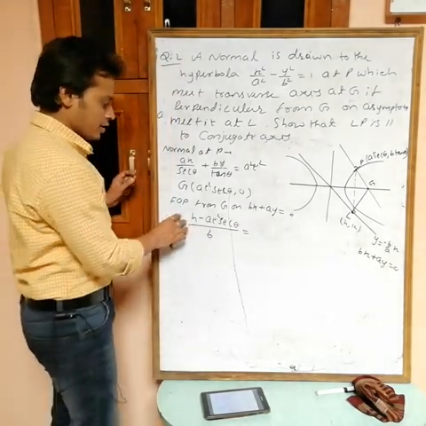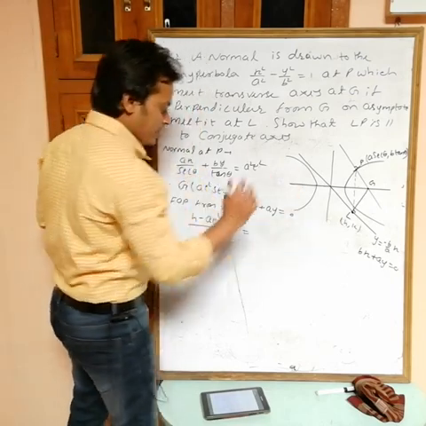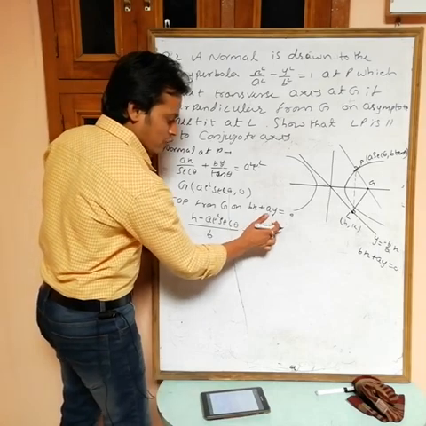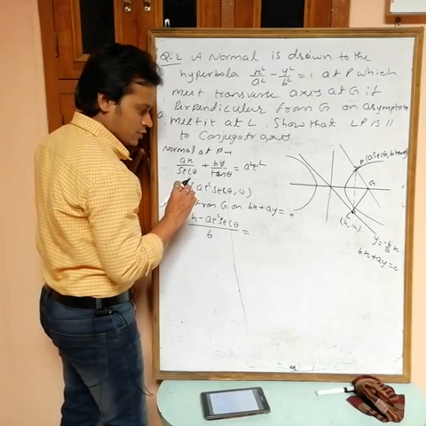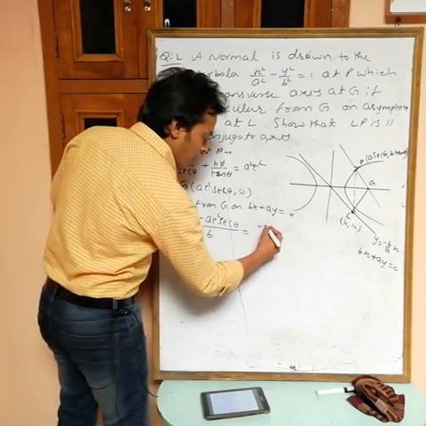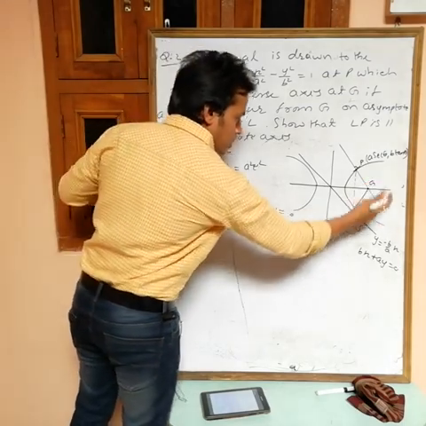So h minus x1 by a equals to k minus y1 by b, b being the coefficient of y. I am not taking that part. Equals to, after that minus, put the point in the equation, put Z in this equation.